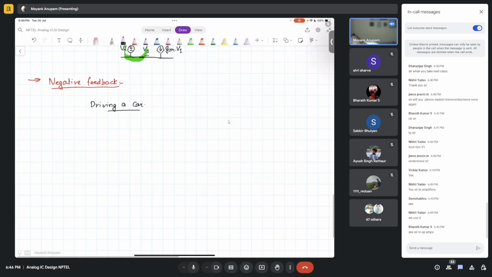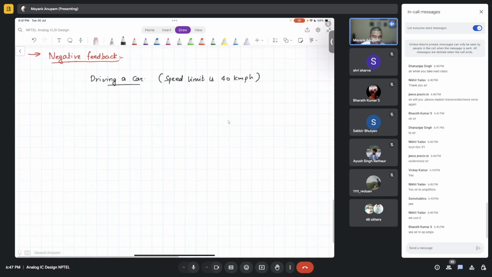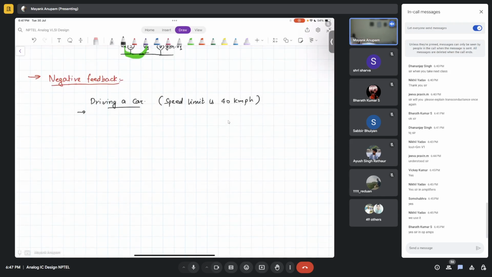There is a speed limit mentioned on the road. Let's say that the speed limit on the road is 40 kilometers per hour. You cannot go beyond this speed. However, you are getting late for your exam.